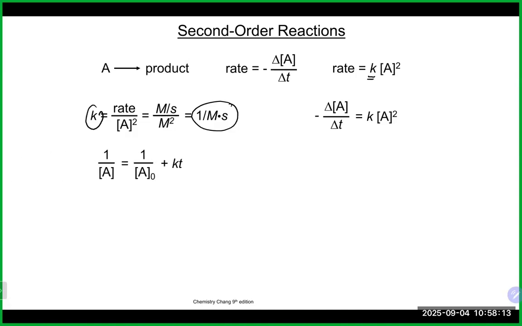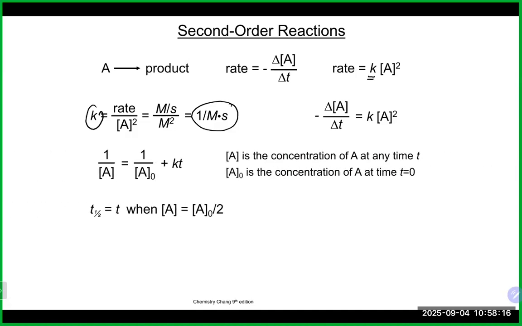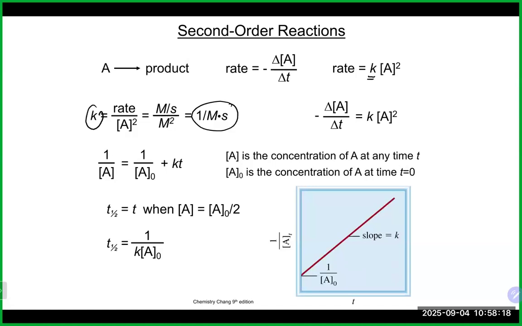Now, we do have an integrated rate law for second order, and it is this one right here: 1/[A] is equal to 1/[A]0 plus kt.